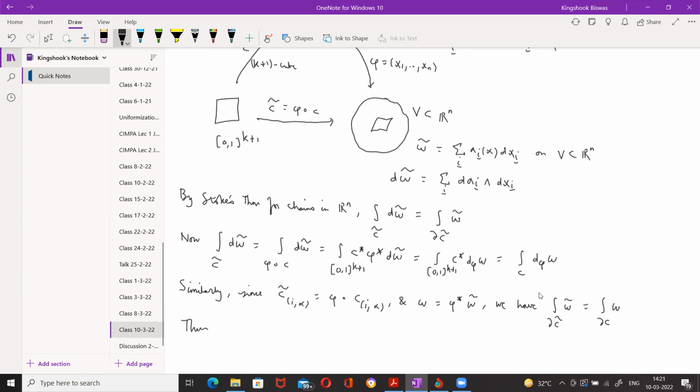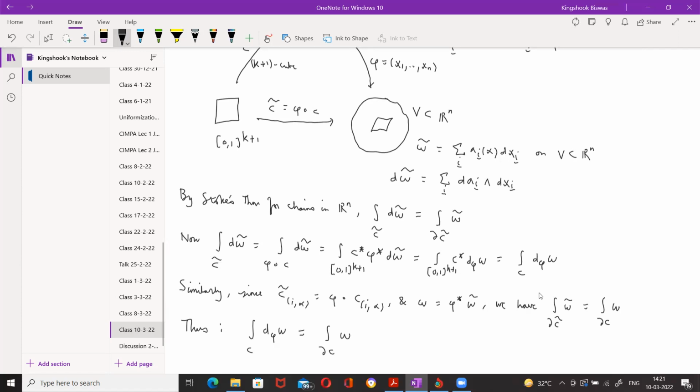So thus we get that the integral of this d_phi omega over C is equal to the integral over the boundary of C of omega. All right.